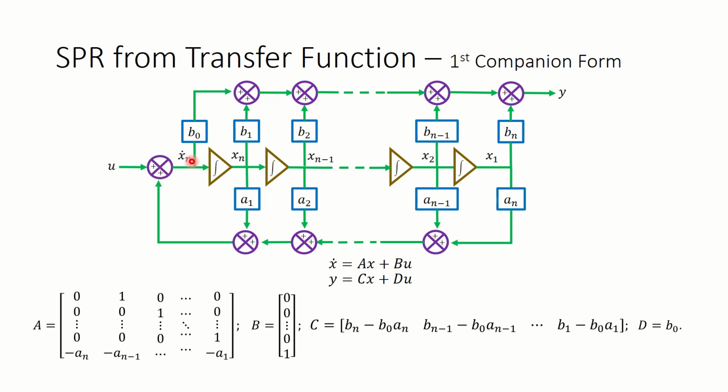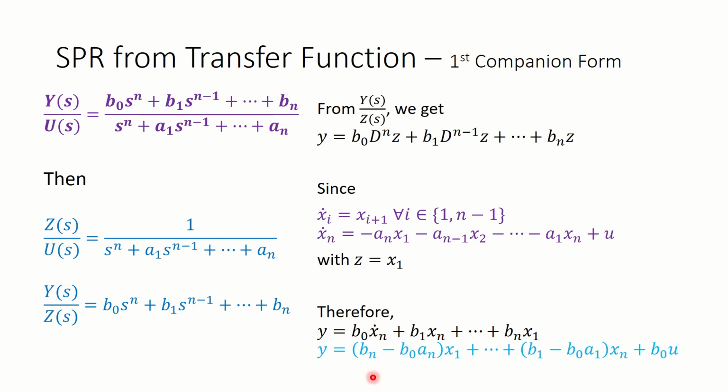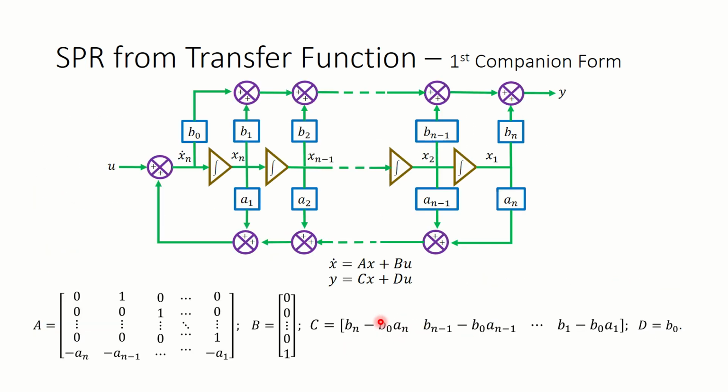Now this xn dot is passing through b0. So you see we have actually taken this equation, and this would be the same as this. So we pass the xn dot through b0 and then we add these things up.